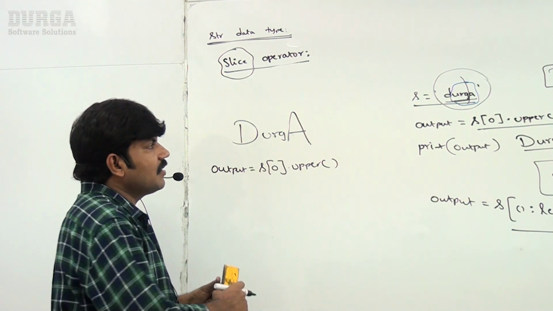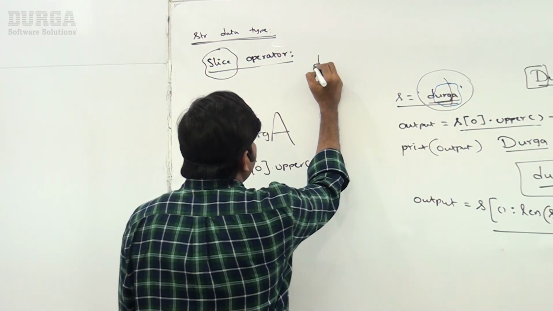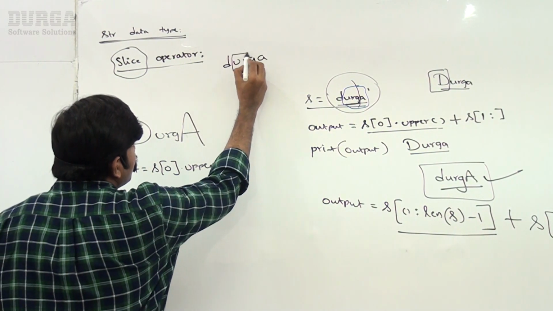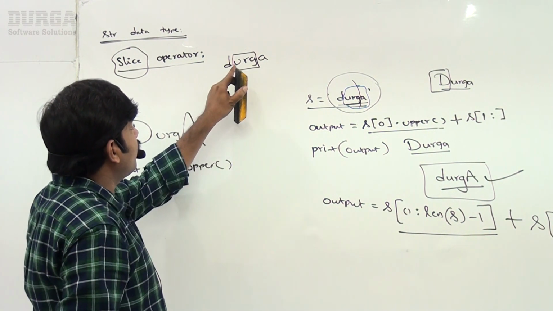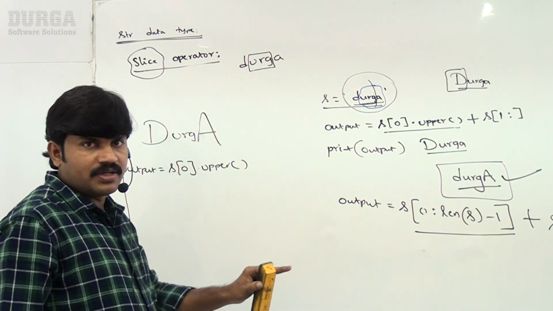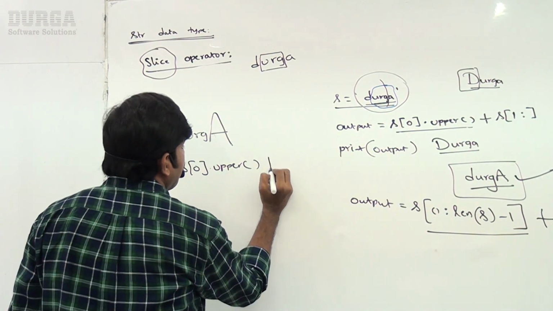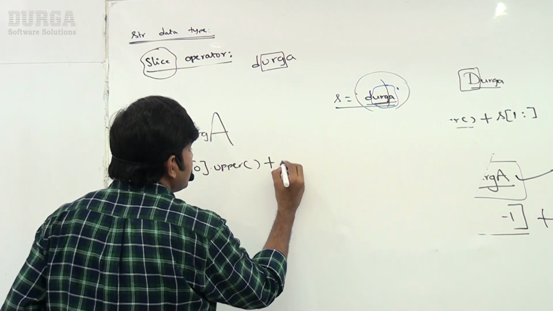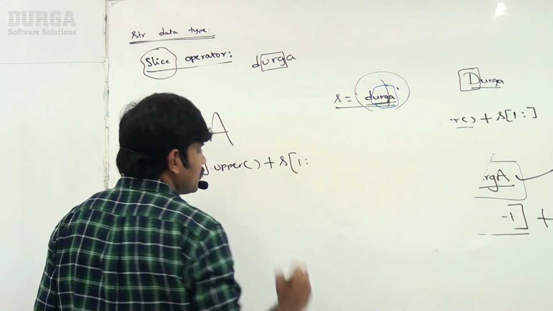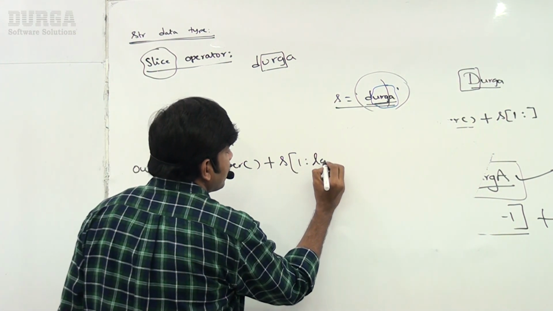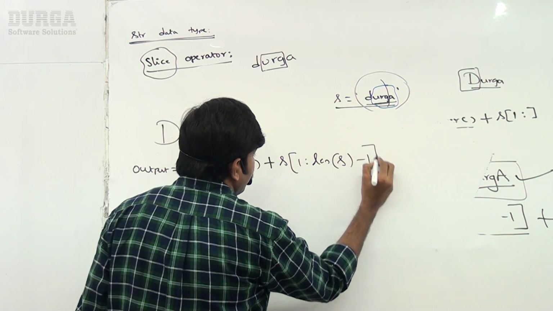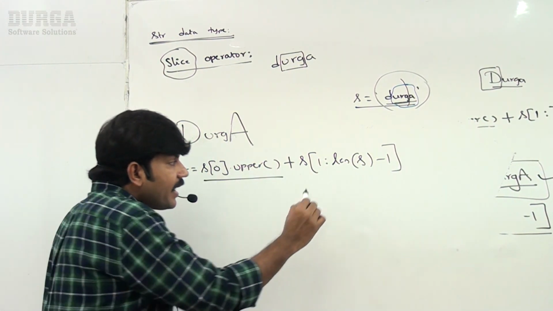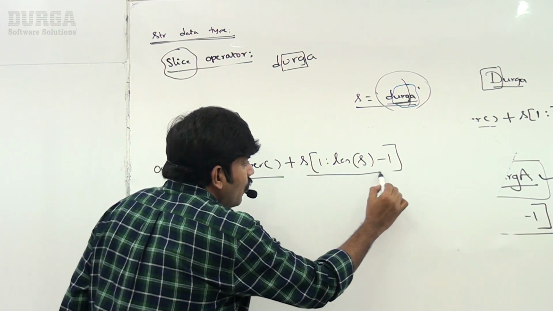Next, from 1, so DURGA. Now from index 1 to last but 1. Can you please read as it is? Plus what I have to take here is s of 1 to length of s minus 1, so the second character, index 1, up to last but one.